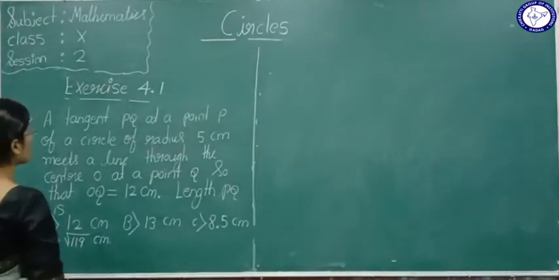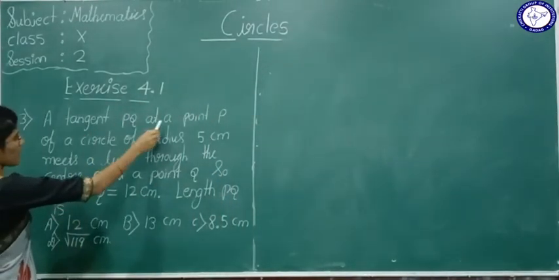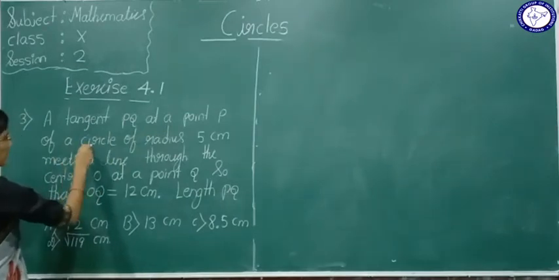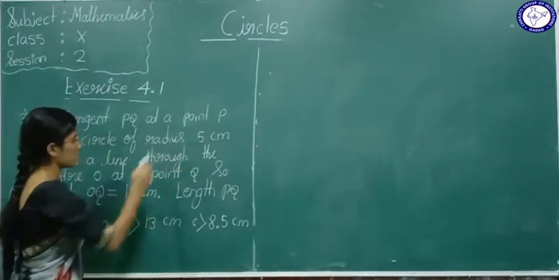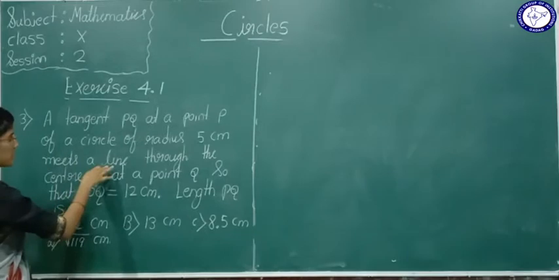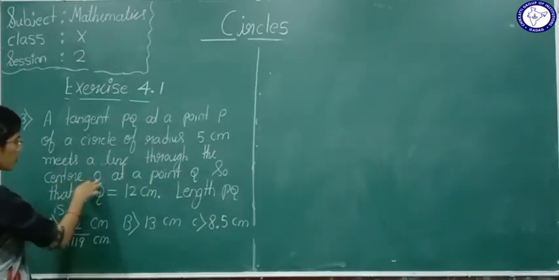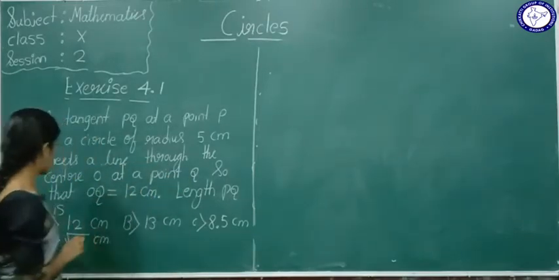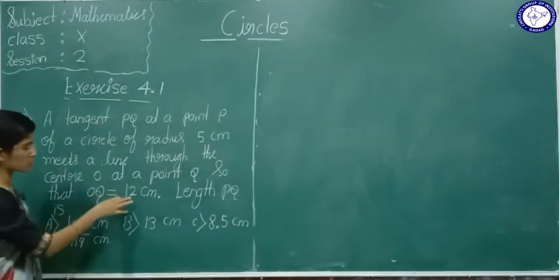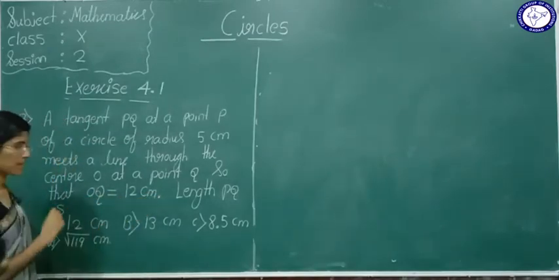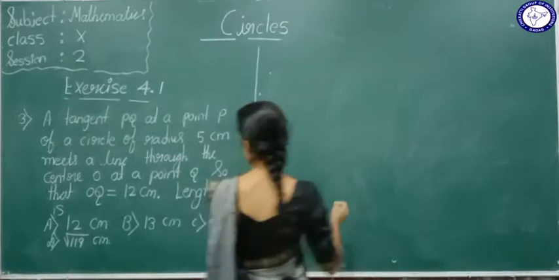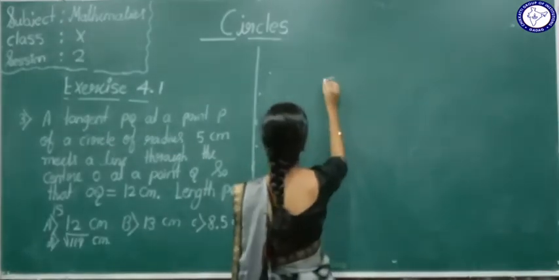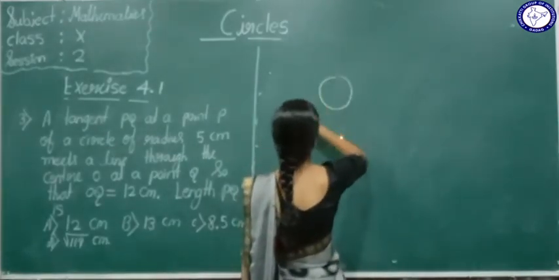Now see here, a tangent PQ at a point P of a circle of radius 5 centimeter meets a line through the center O at a point Q so that OQ is equal to 12 centimeter. Length PQ is? Okay, we will draw a diagram.